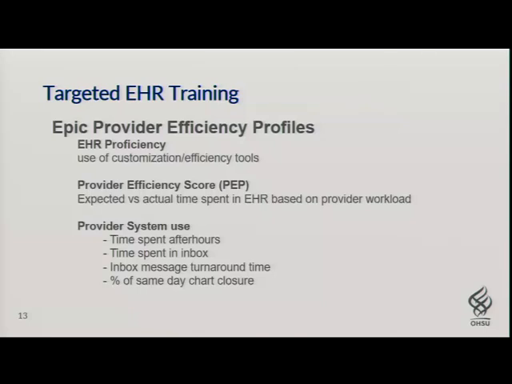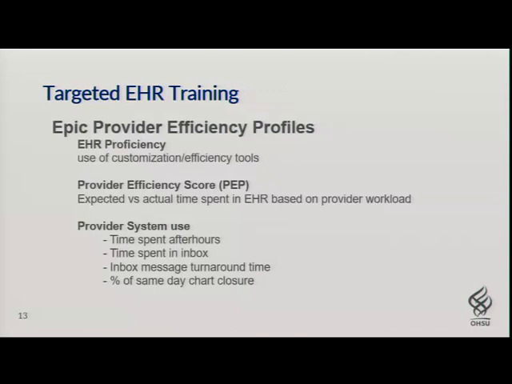When we're providing targeted EHR training, there's something in Epic called the Epic Provider Efficiency Profiles, and it has 3 main components. One is EHR proficiency. So this is how physicians use customization and efficiency tools. There's also the Provider Efficiency Score, which outputs a calculated expected versus actual time in the EHR based on provider workload.